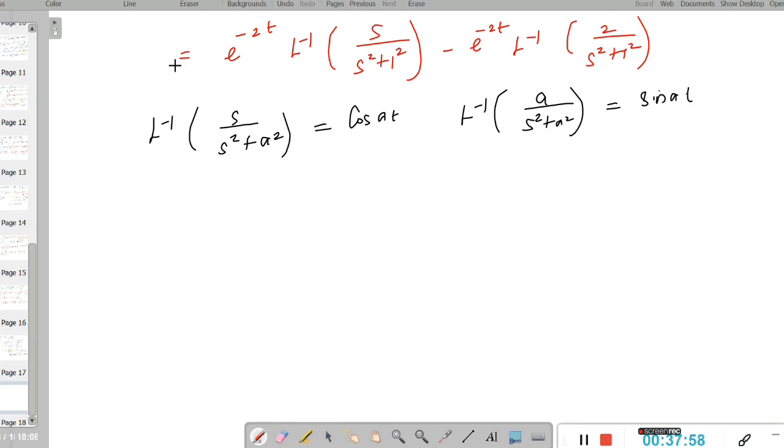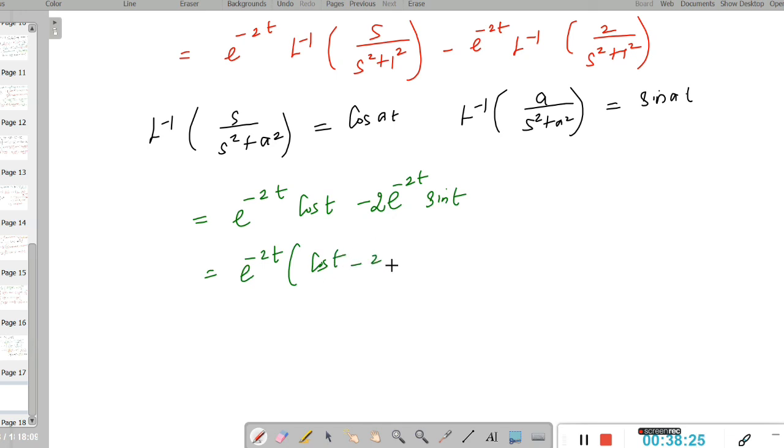Right? So if you apply that formula, you may get e power minus 2t cos t minus e power minus 2t. So you have to take 2 as a constant. You can take it outside from this L inverse. So 2 into e power minus 2t sin t. You can take e power minus 2t as a common term. From that you may get the answer.